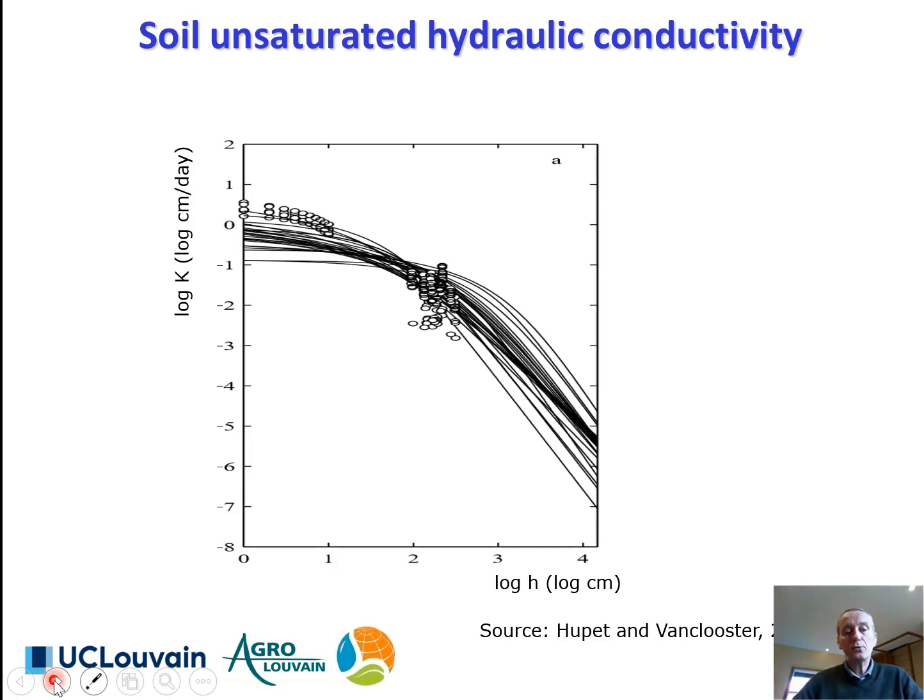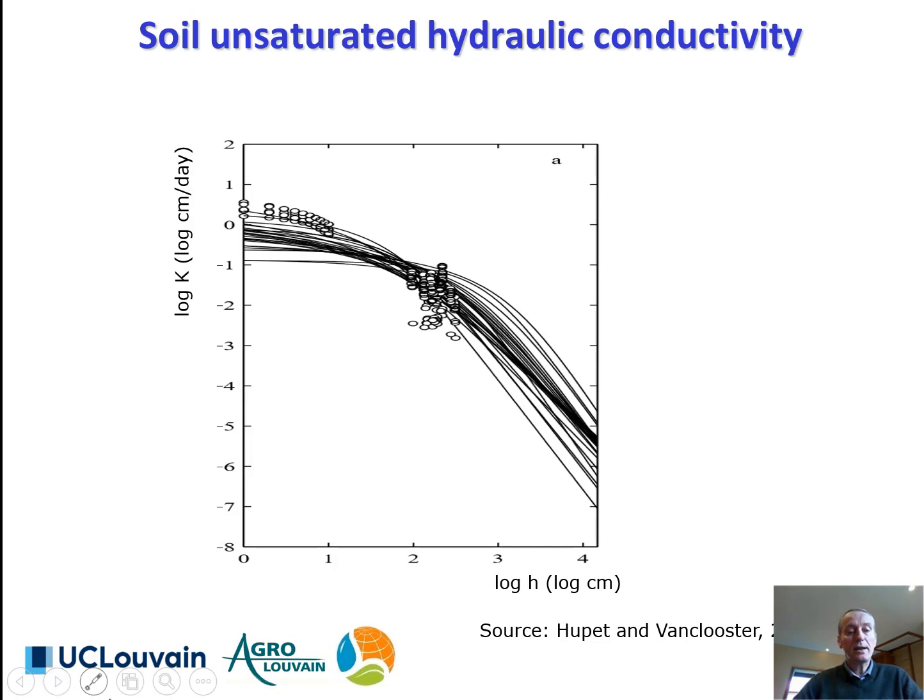But in contrast to the water retention curve, the unsaturated hydraulic conductivity curve is much more difficult to measure. Where the soil water retention is mainly determined by soil textural properties, the soil hydraulic conductivity is determined by texture and soil structure. And soil structure is not easy to assess and variable in time.